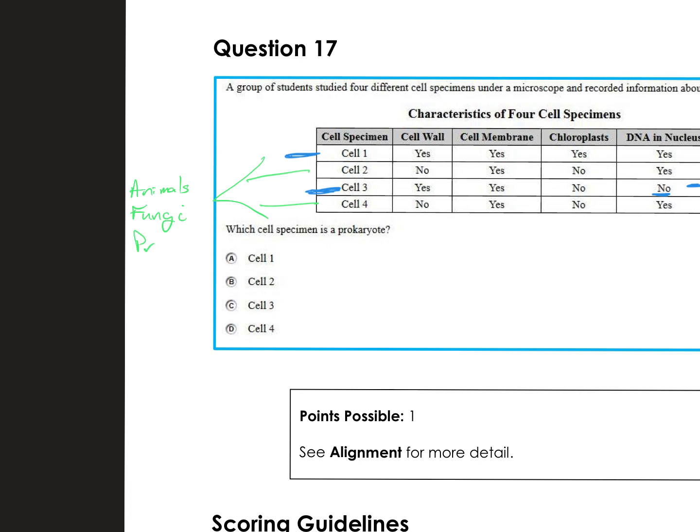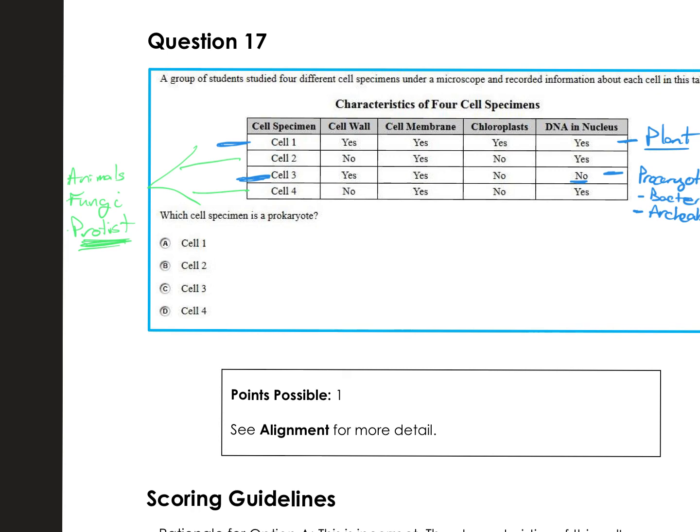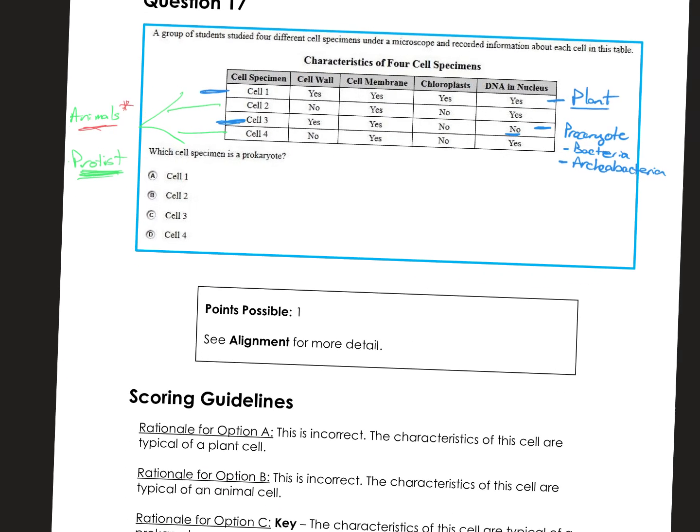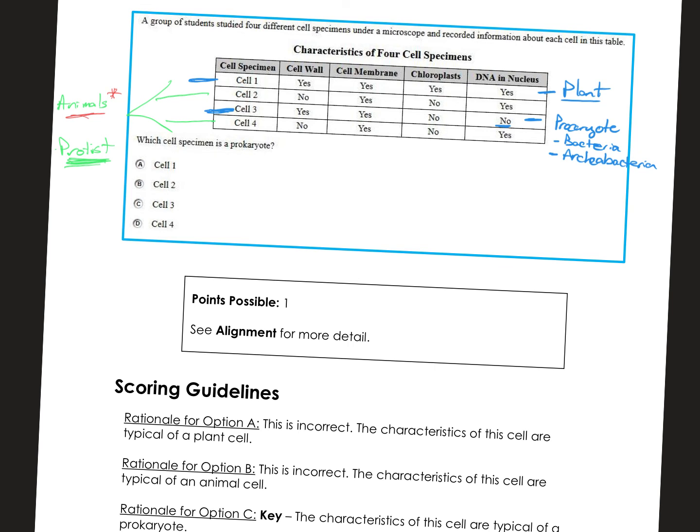Or they could be protists. Plants and fungi have cell walls, and since neither one of those has a cell wall, we know it's not fungi. And it's likely that both of those are animals. That's probably the case, although there are some protists that don't have cell walls. Hard to tell.